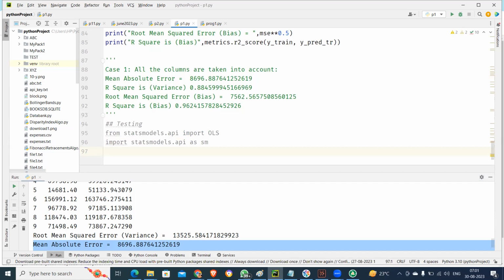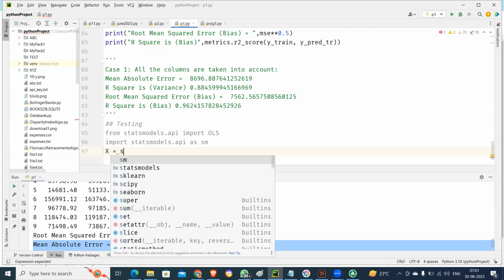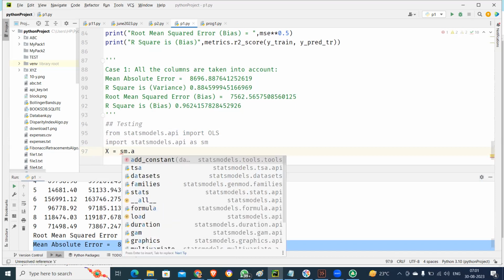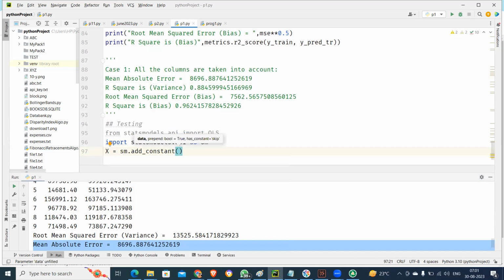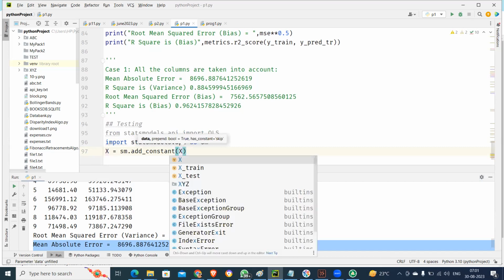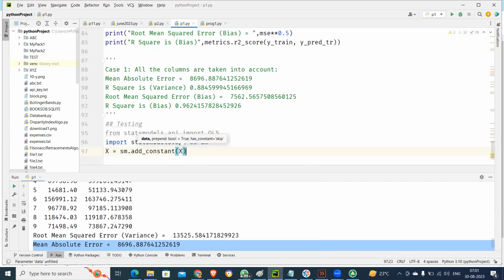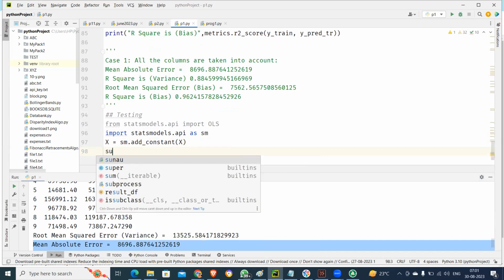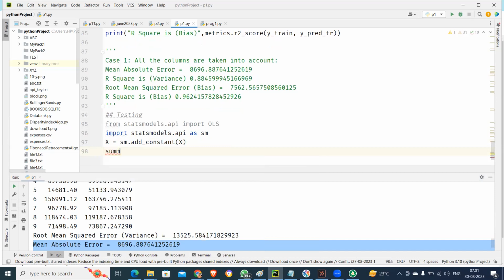Here we say x equal to, because x is what is important for us, we have to treat x. So I'm saying x equal to sm.add_constant, adding all the constants. Basically x equal to x, and now we are going to do the summary. Summary 1 equal to OLS.